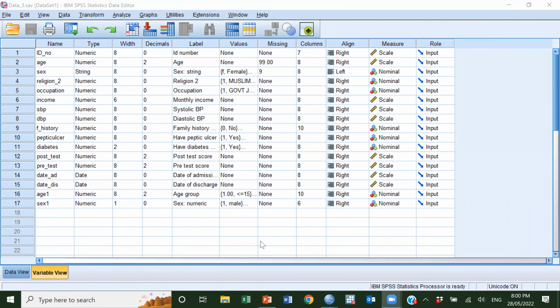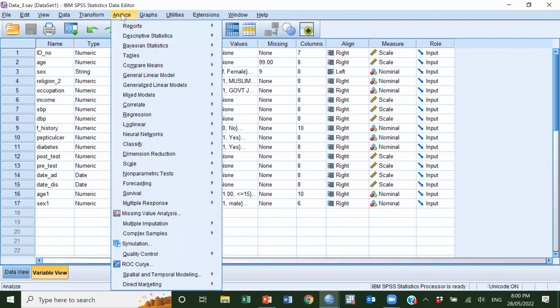Yes, sir. Okay. So to do the correlation analysis between systolic and diastolic blood pressure, go to Analyze, Correlate, then come to Bivariate. Click on Bivariate.